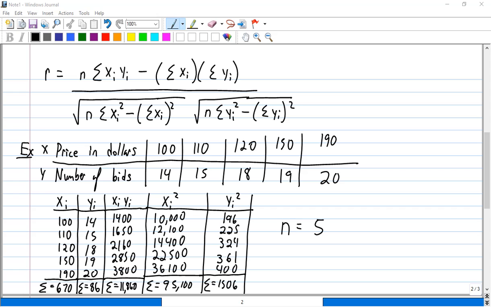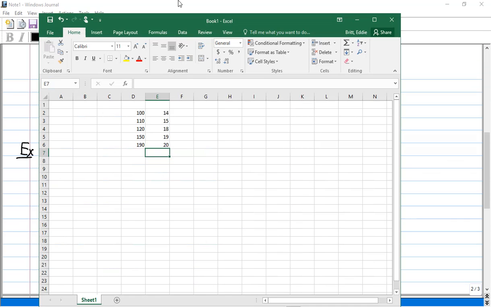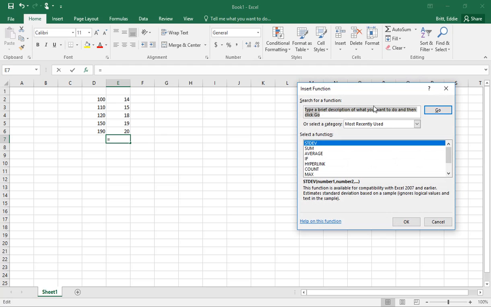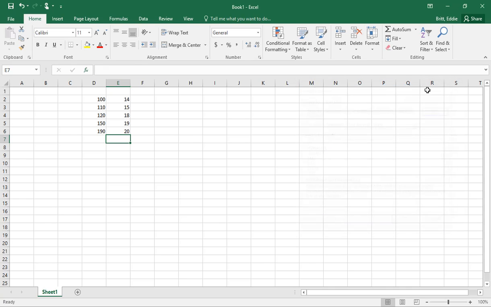All right, so here's what I've done. I just put the values in. There's all kinds of tools over here. Like if I wanted to sum up a column, there's lots of functions here that you can use. You can even see there's one called standard deviation. So there's all kinds of functions built into Excel.